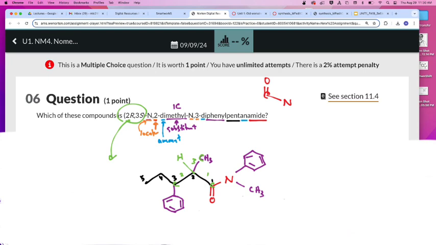Okay? And for our 2 position, we wanted to go R, we wanted clockwise. So we need to be going 1 to 2 to 3 in a clockwise fashion with our lowest priority aimed away from us. My easiest approach would be to always start with the 4 aimed away from us and hope for the best. Okay? 1 to 2 to 3, am I going clockwise based off of my green numbers?